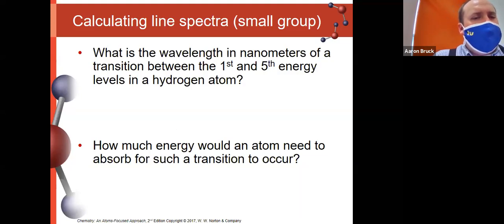What is the wavelength in nanometers for a transition between the first and fifth energy levels in the hydrogen atom? And then secondly, how much energy would need to be absorbed for such a transition to occur? So take a couple minutes and work on that. I'll come around and see how you're doing.